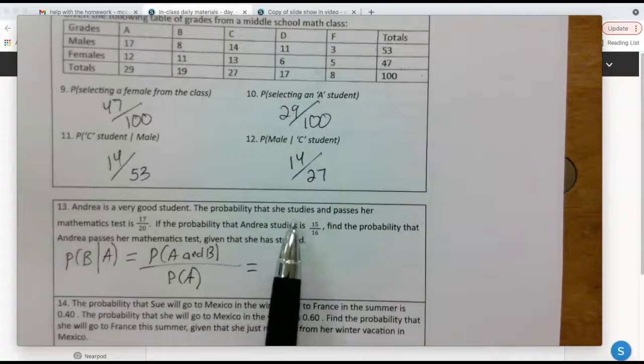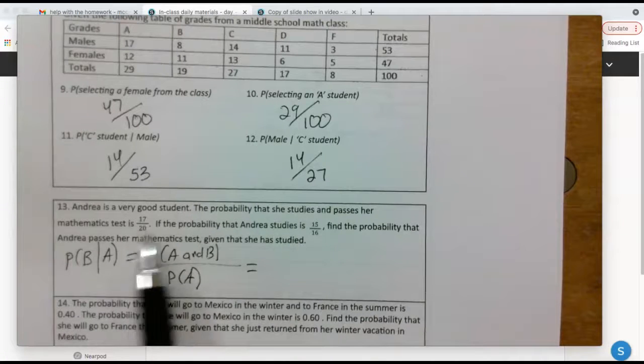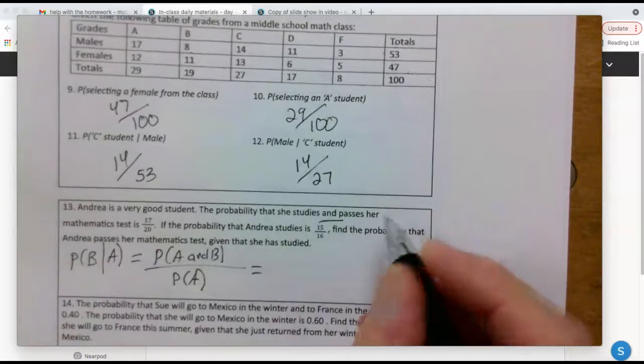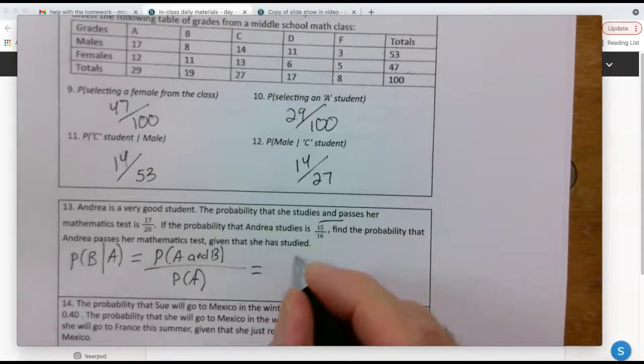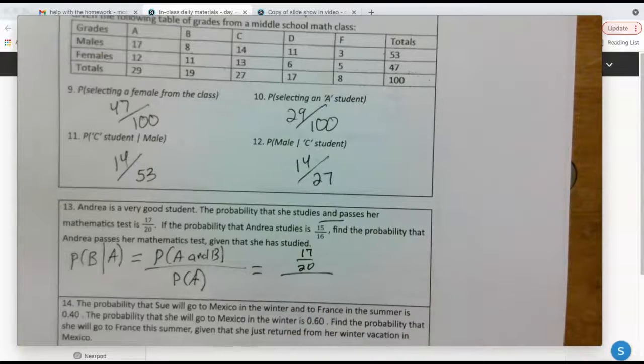All right, the probability that she studies and passes her test is 17 out of 20. That's the top. If the probability that she studies is 15 out of 16, that's the bottom. Find the probability that she passes her test given that she studied.